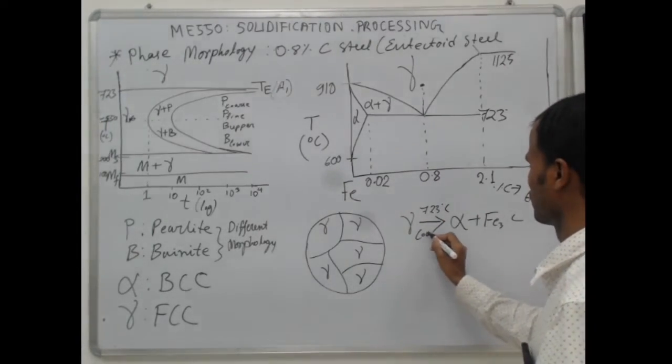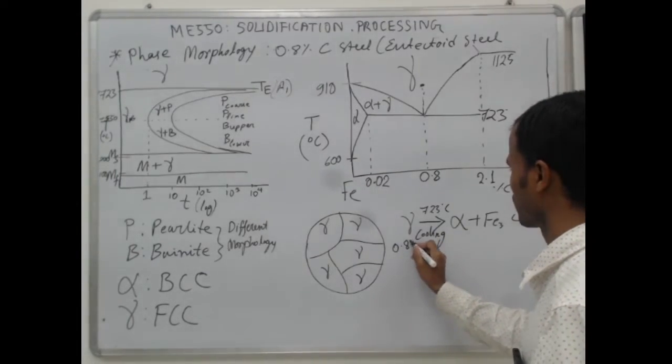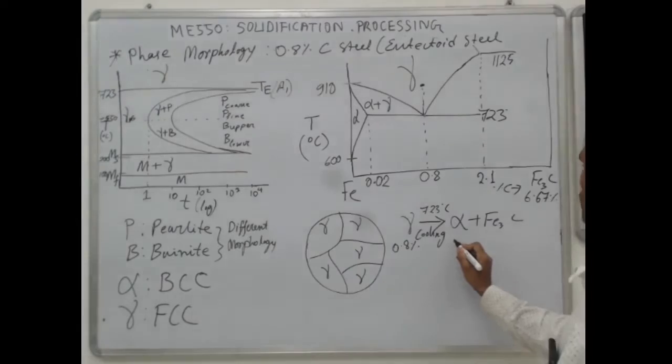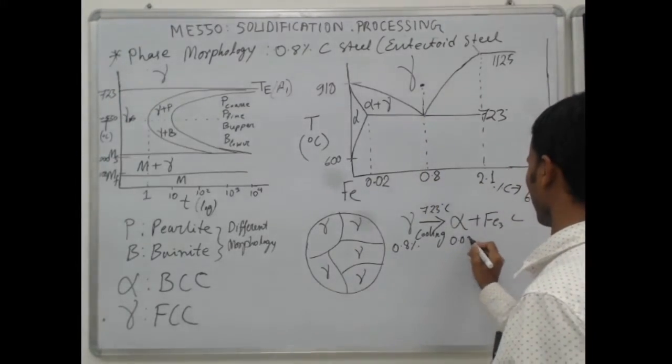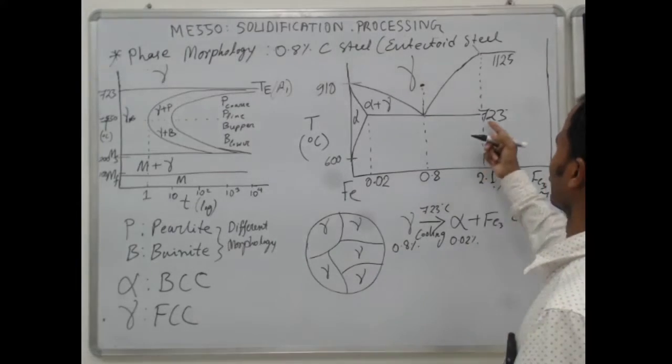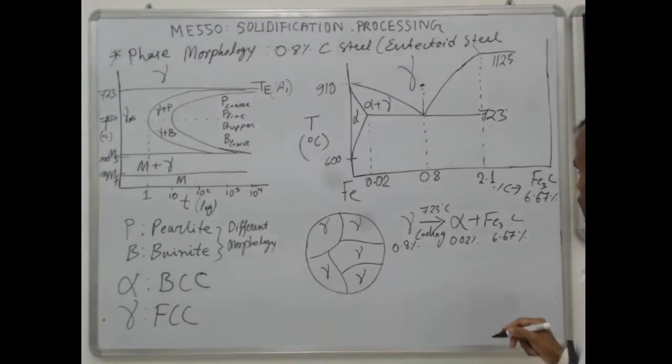This is during cooling. So gamma has 0.8% of carbon. Now it will become alpha with 0.02% of carbon, and Fe3C will have 6.67% of carbon. So this is the carbon percentage.